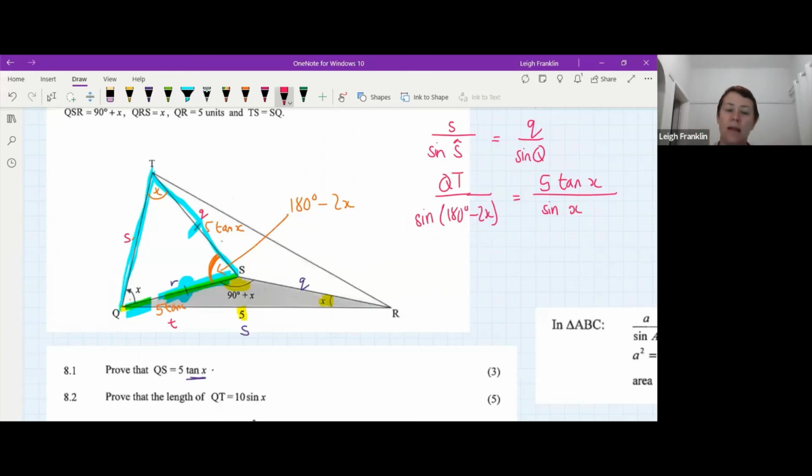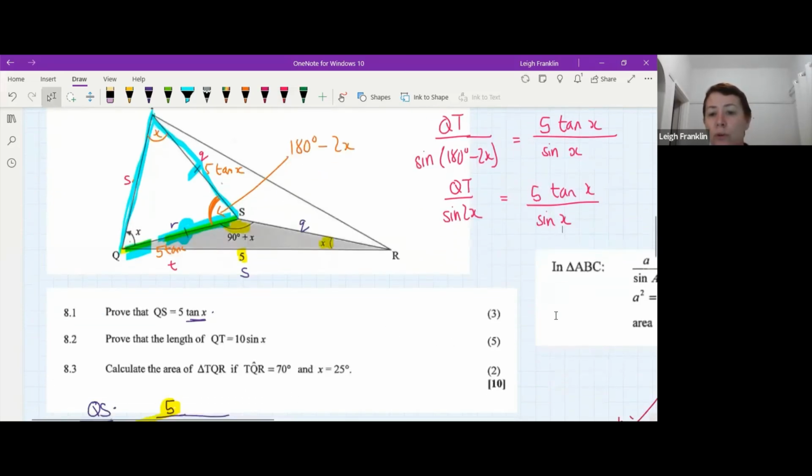Again, we can simplify something here. So the sine of 180 minus 2x, think cast diagram, think reduction formulae. This is going to reduce to sine 2x, double angle, okay, equals 5 tan x over sine x.